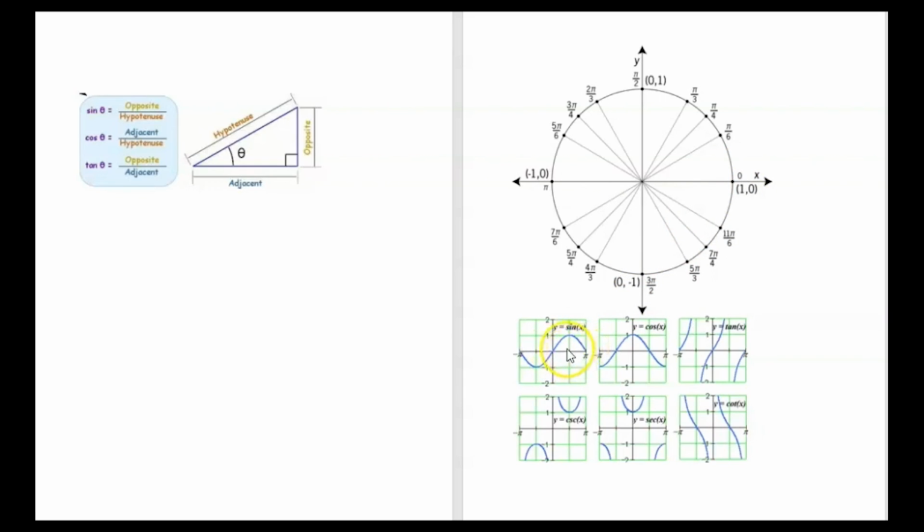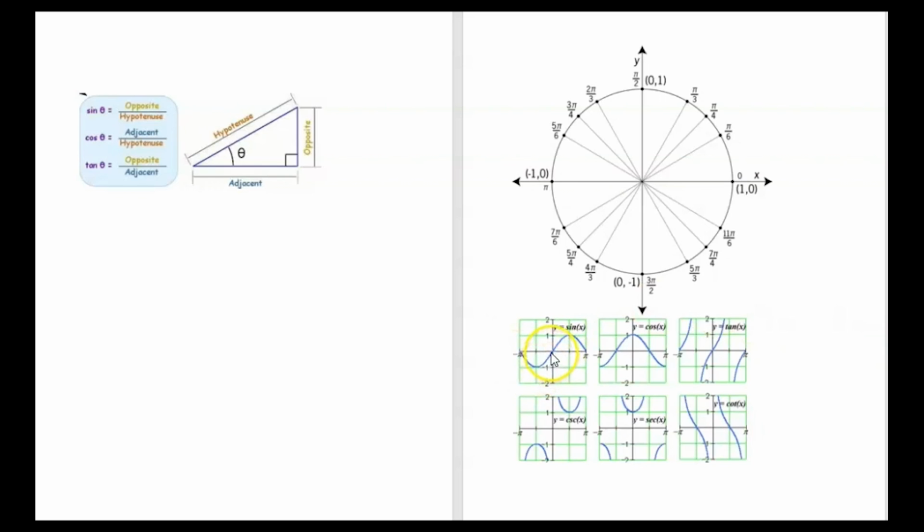Now let's say the x value is pi over 2. So let's go to pi over 2 and look at the y value, which is 1. And 1 over 1 is going to give us a value of 1. And as you go back over, as we said, pi is going to have a 0 y value, which is going to give us 0 again. So the sine graph is going to oscillate like this as a pattern.